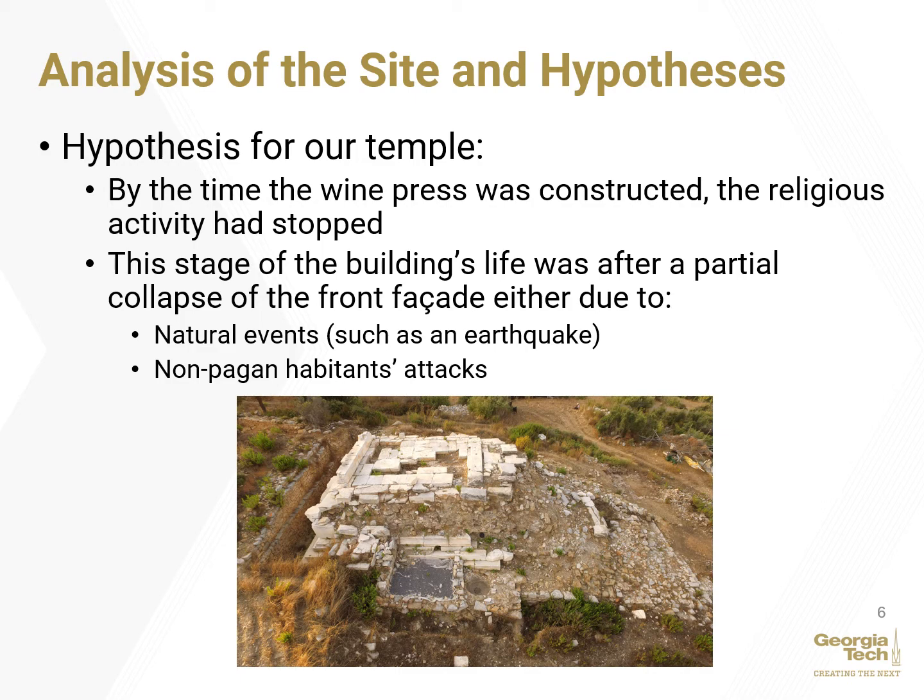But one of the reasons we believe the wine press cannot be contemporary with the temple is, one, because it would be disrespectful to an imperial temple, but mainly the reason we believe the front facade or the side walls would have been gone at the time is because there is a relationship we believe between the west side walls and the wine press, using this flat area on the top as a continuum, and I'll talk about that a little bit more.